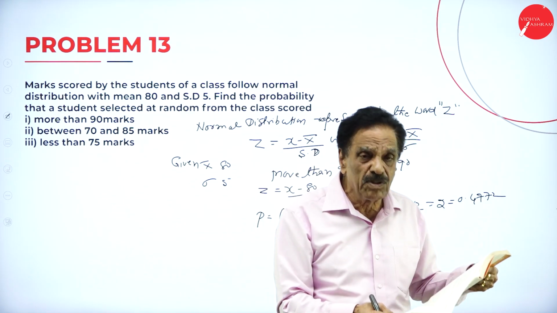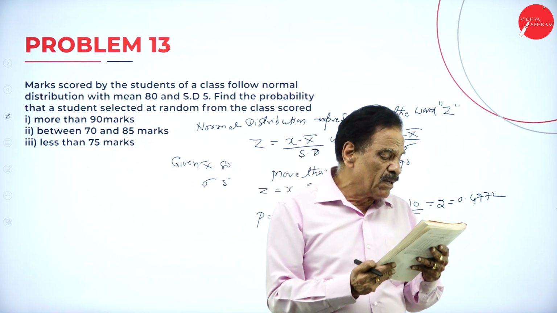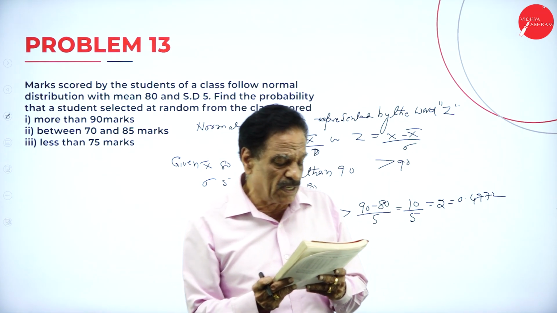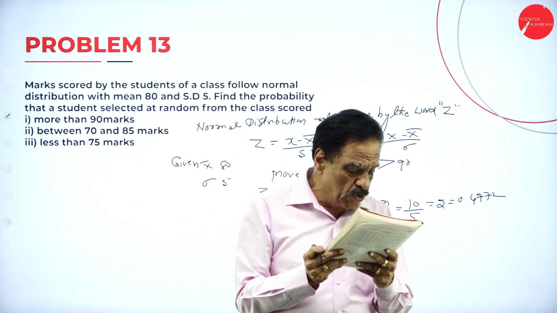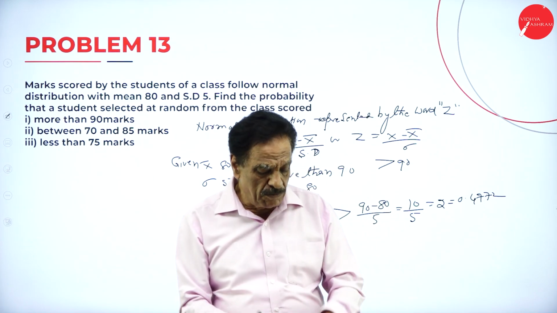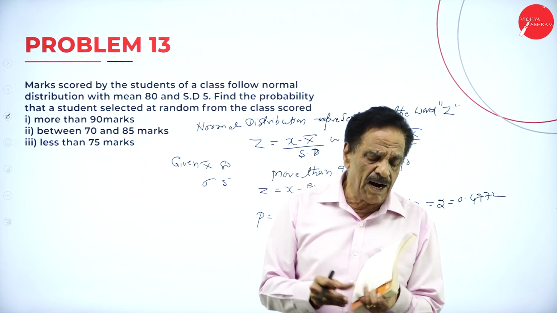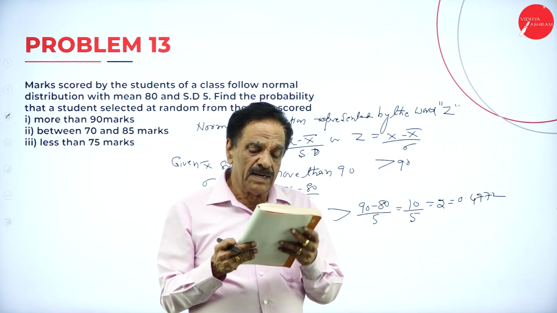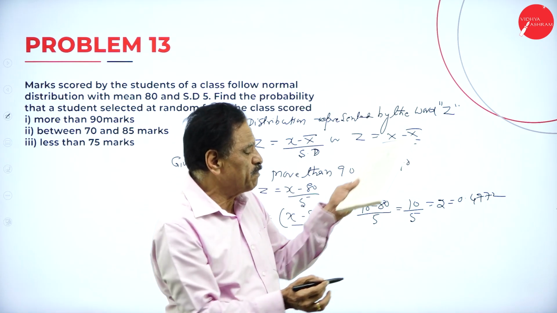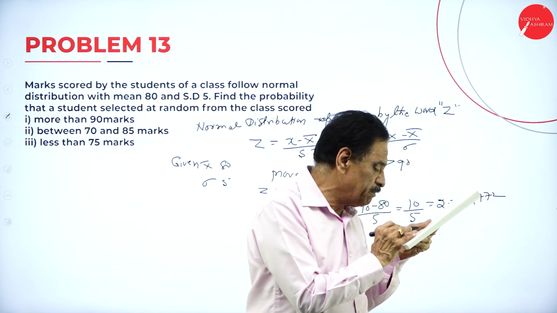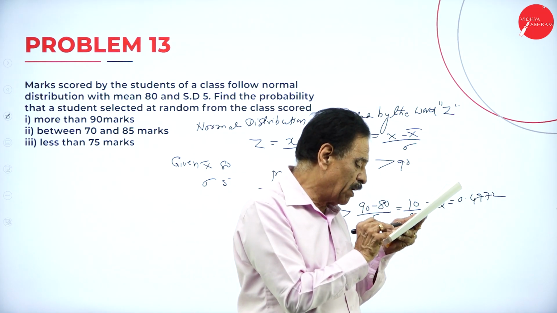This is called the normal distribution table, the area under the standard normal curve.